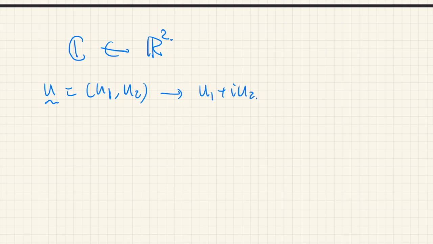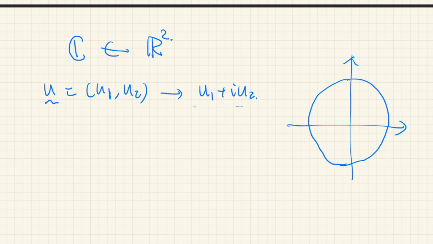Suppose this is a unit vector, then on the complex plane, this point is somewhere on the unit circle centered at the origin. So u1 plus i u2, and let's say the argument is phi.